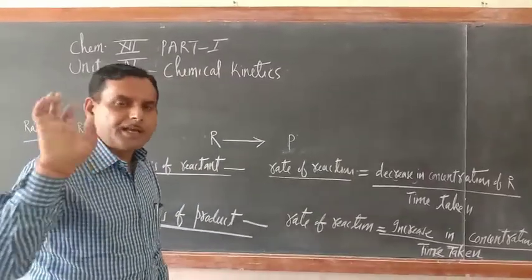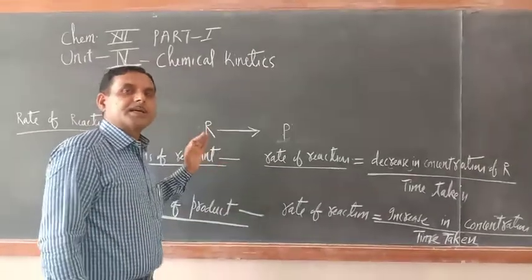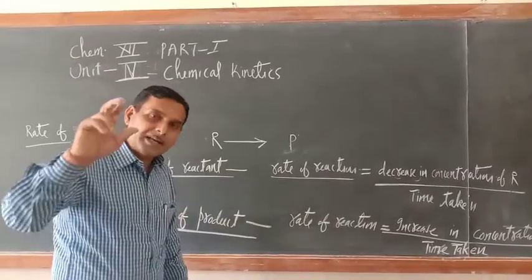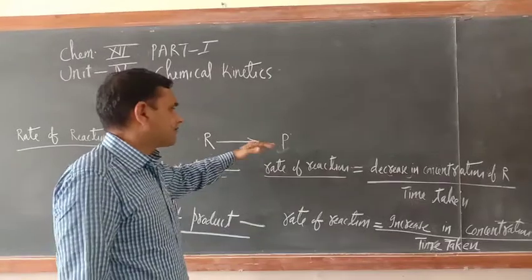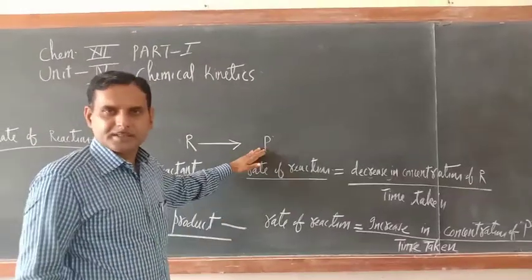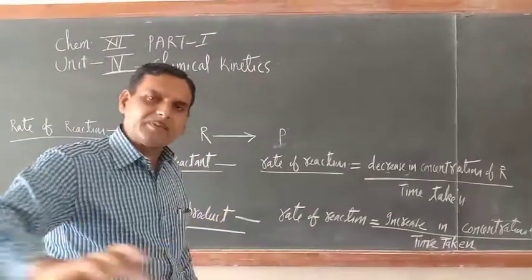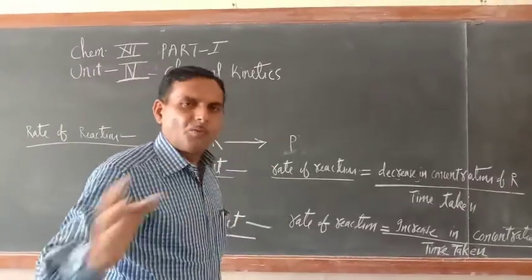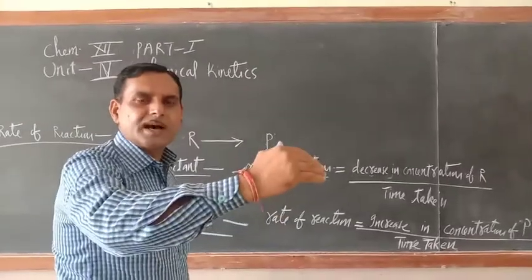Remember, in any chemical reaction, with the passage of time, the concentration of reactant decreases, while the concentration of product increases. So in the same reaction, the concentration of reactant decreases while the concentration of product increases with the passage of time.